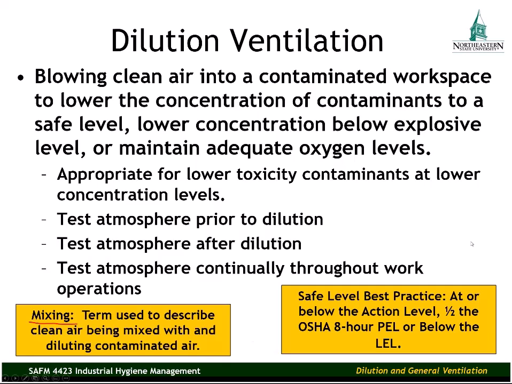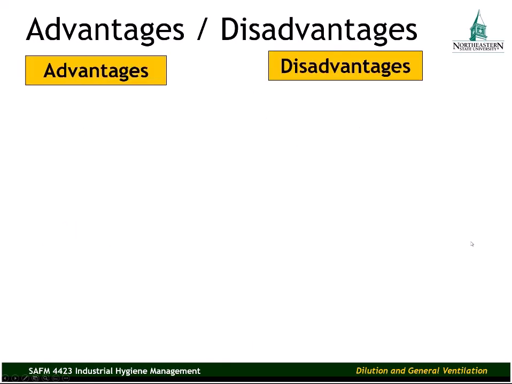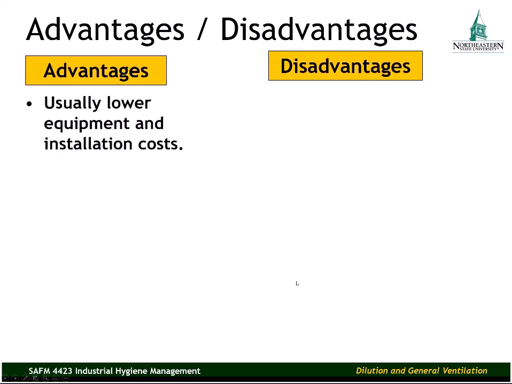Okay, let's talk about some advantages and disadvantages of dilution ventilation. One of the advantages with dilution ventilation, it's usually lower equipment and installation costs, less maintenance involved because the systems tend not to be as elaborate.